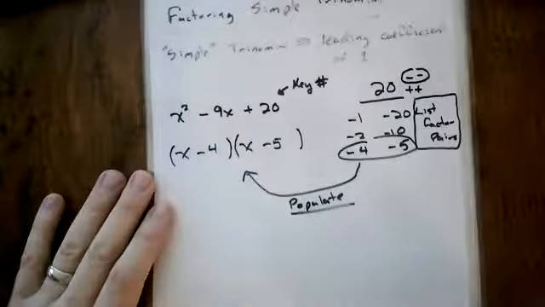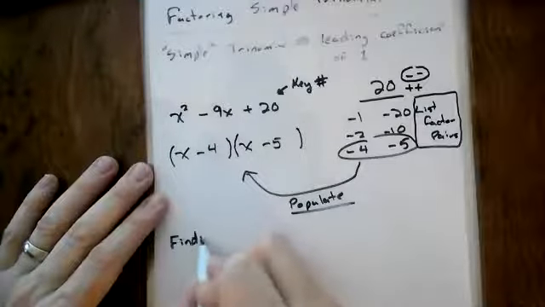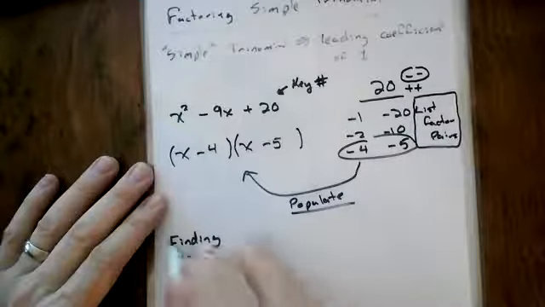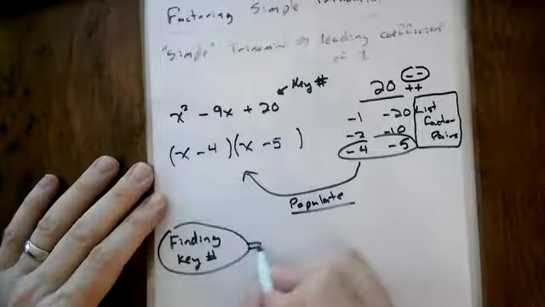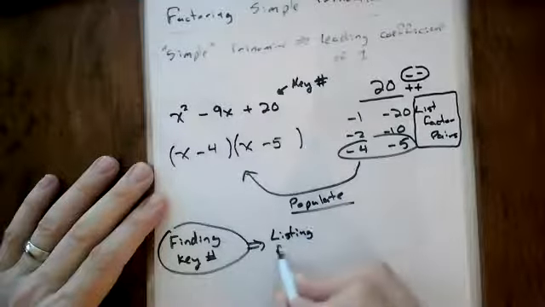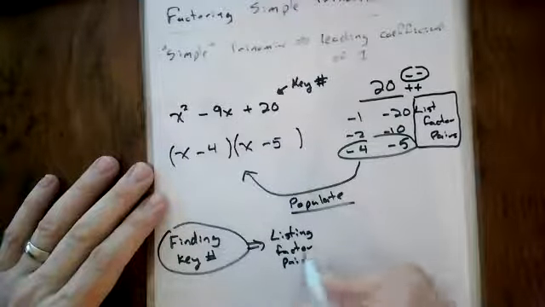So once again, what we're doing is finding that key number. We're listing our factor pairs of that key number.